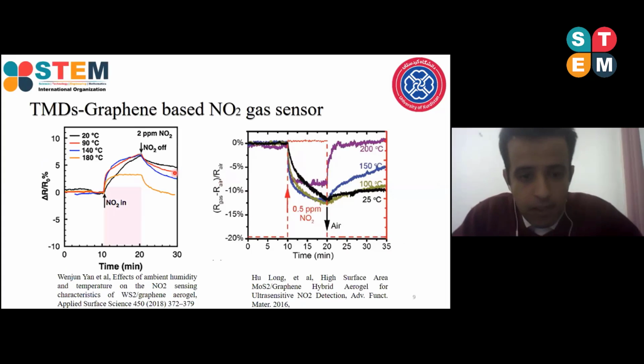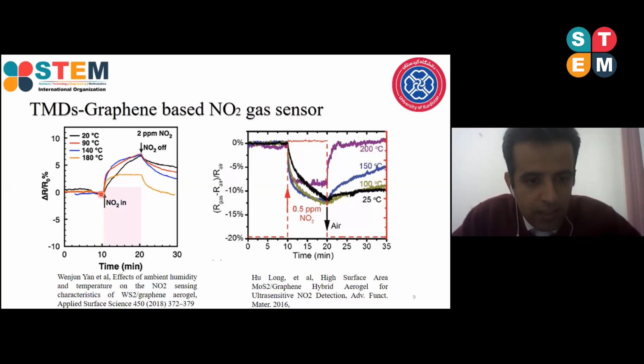So today my talk is about the MoS2 graphene-based nitrogen dioxide gas sensor. There are a variety of reports on this kind of structure, but there are some issues. Here is a WS2 graphene sensor for NO2 gas sensing.